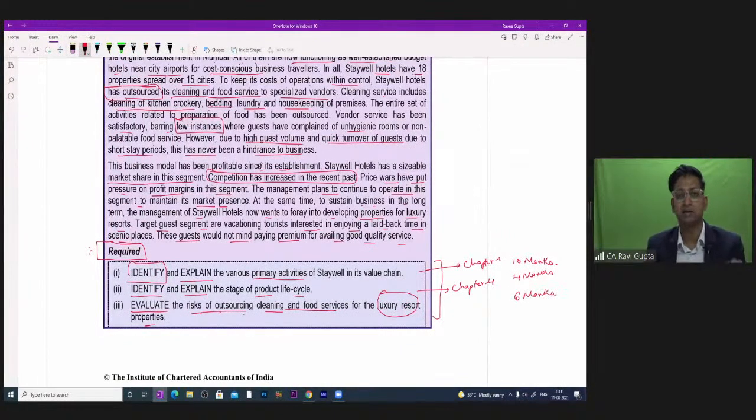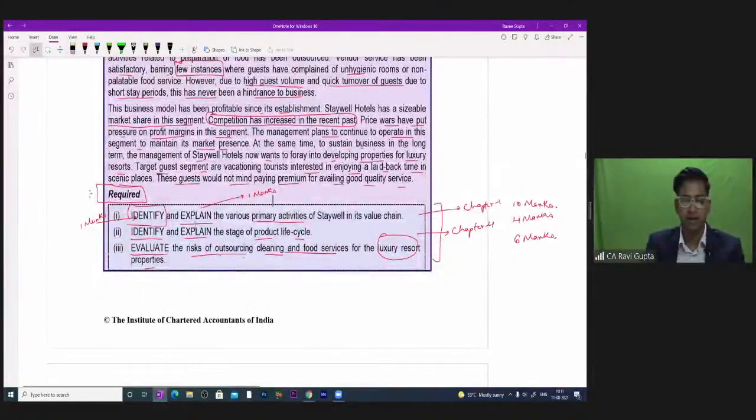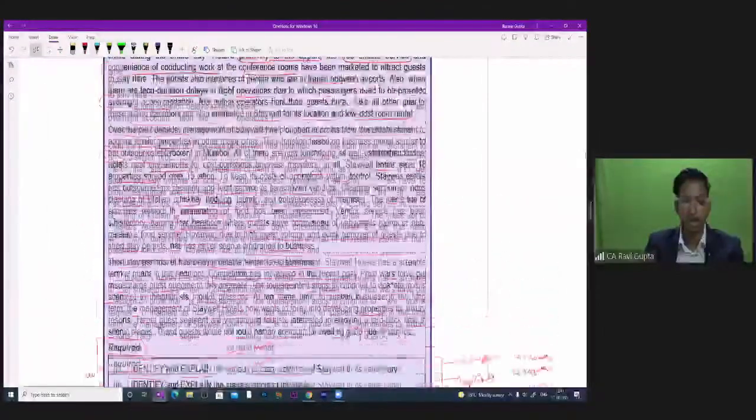And you know that 1 mark will be allocated for identifying, and 1 mark for explaining. So I need to plan my answer accordingly, identifying and explaining various primary activities of Staywell in its value chain. And we need to identify. Okay, so first part we have to identify.